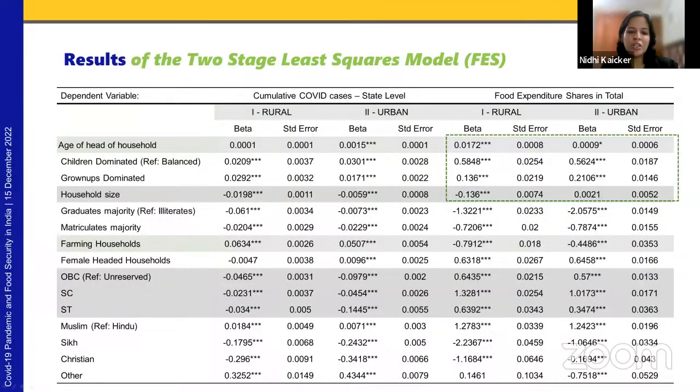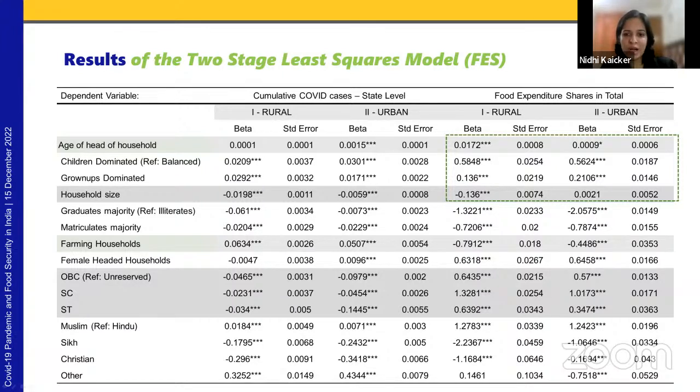Coming to the role played by household characteristics, in the interest of time, we're going to restrict our comments to just the second stage results on the association between household characteristics and food expenditure shares. So we find that there is a positive effect between the age of the head of the household and food expenditure shares in both rural and urban areas.